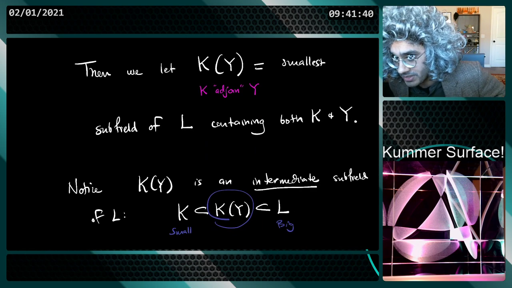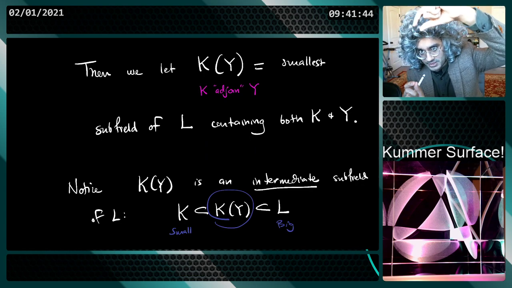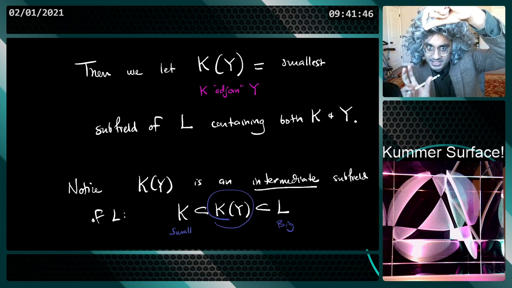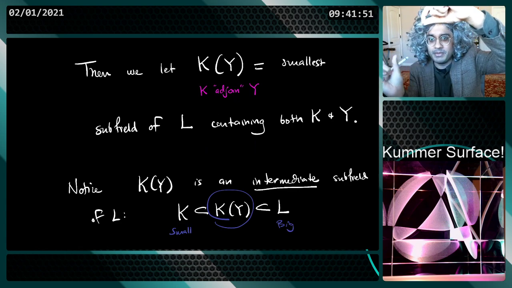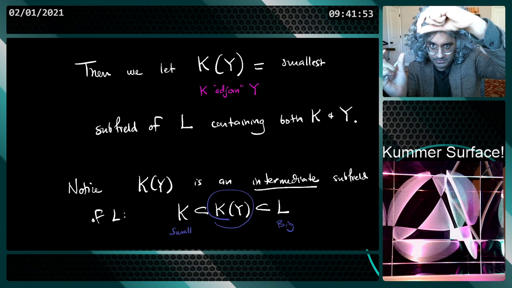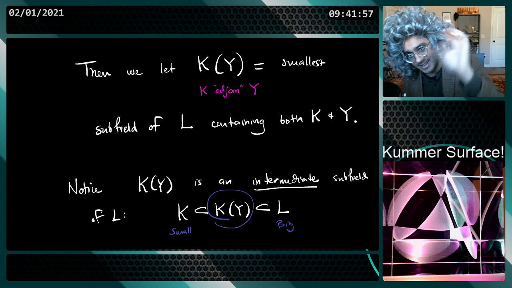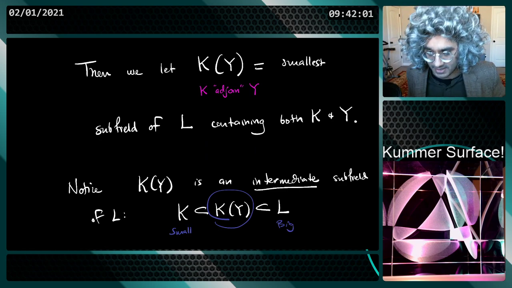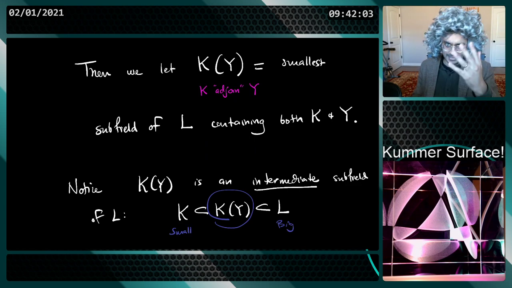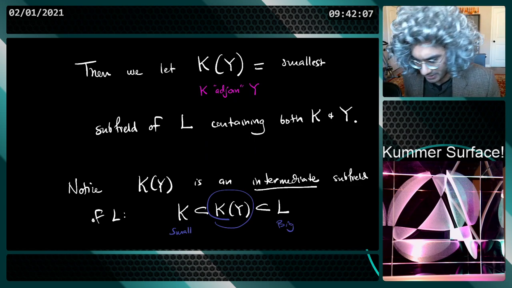And Galois theory is all about this situation, really. You have a small field contained in a big field, and we in a sense just want to study the structure of all intermediate fields. And one way of generating intermediate fields is just by doing this generate-with-a-set operation. In fact, that's the only way to do it if you really meditate on it.